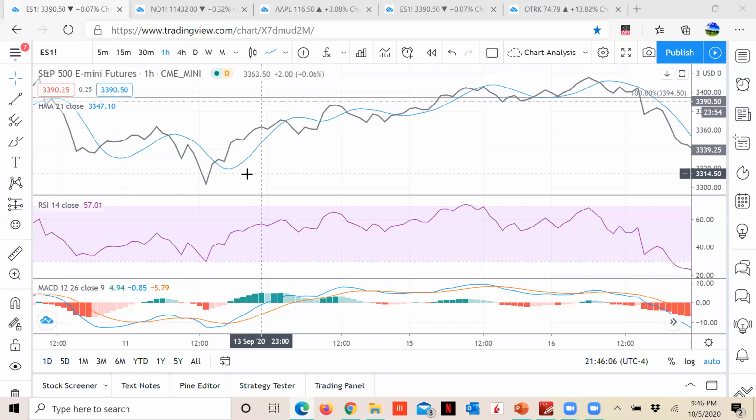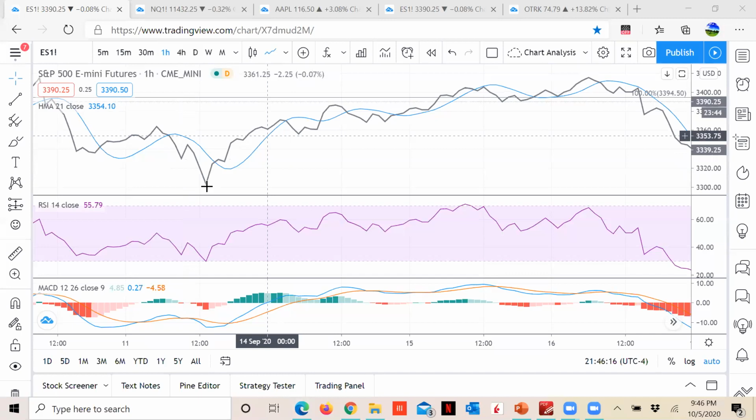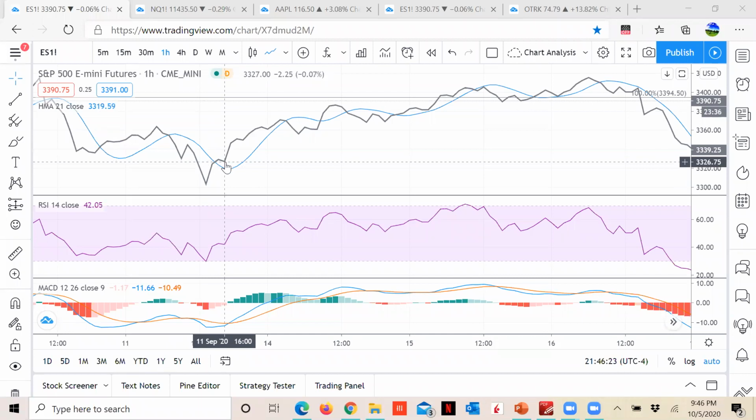You good? So as I said, left shoulder, right shoulder, and the head. The difference between the head and shoulder, whatever that difference is, you add that to the shoulder, that gives you the next target price.